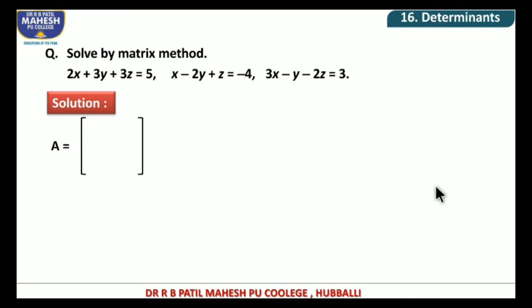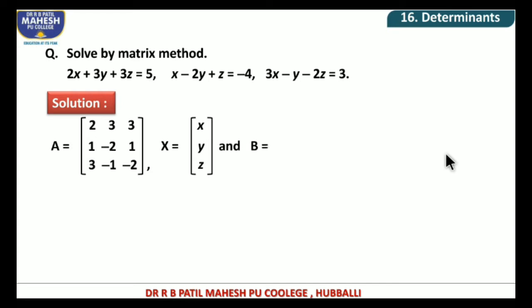Here matrix A is 2, 3, 3 in the first row, 1, minus 2, 1 in the second row, 3, minus 1, minus 2 in the third row. Capital X is the column matrix containing x, y, z, and capital B is the matrix of constants, containing 5, minus 4, 3.